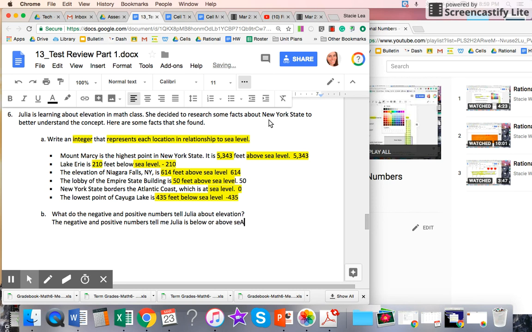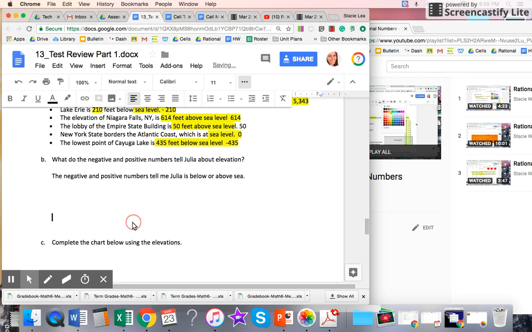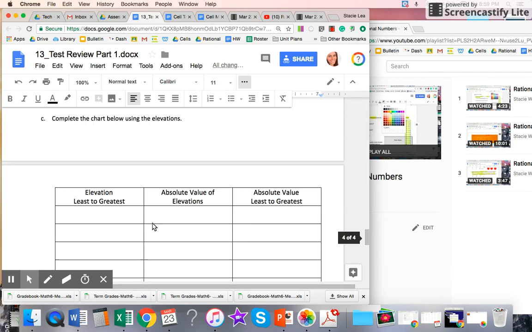So always in a question like this, come back to what is the context. The story is that Julia's looking at elevations, so the 0 has to be sea level. Okay. All right, next, complete the chart with elevations.